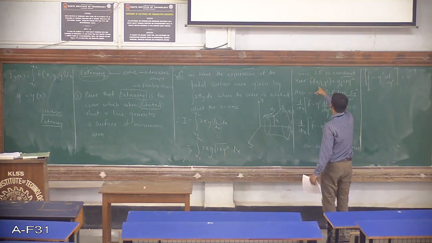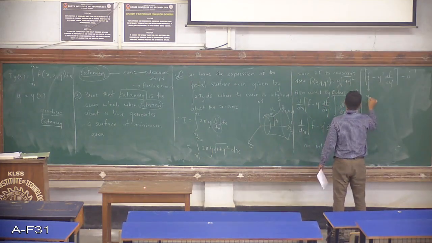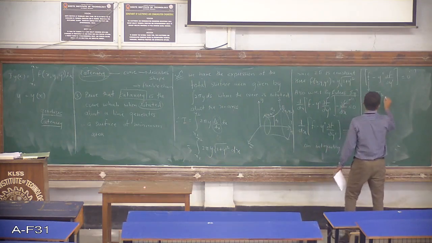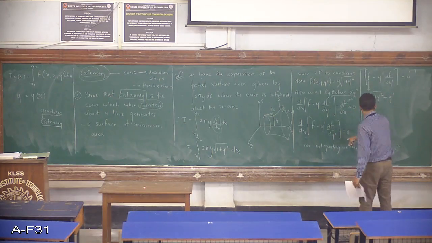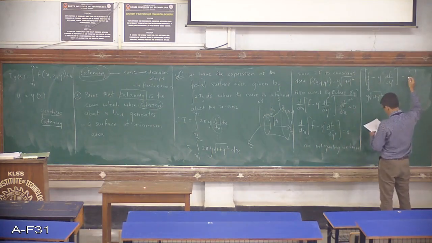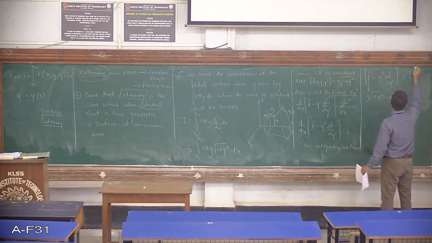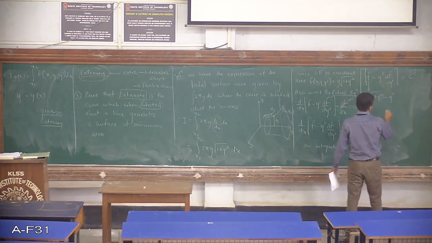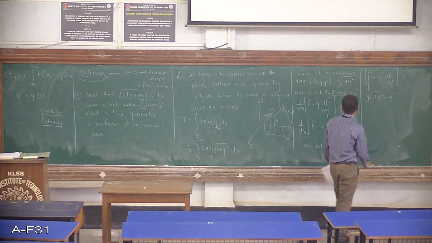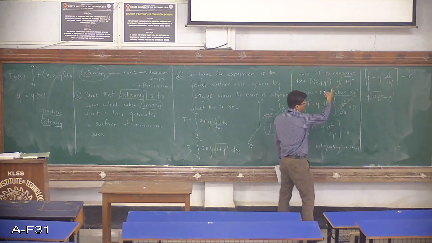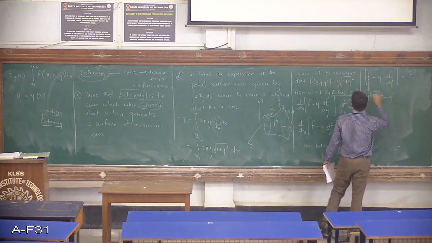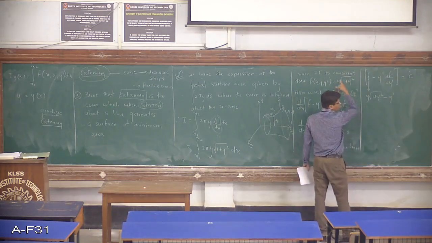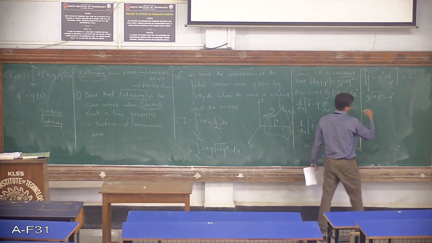that is, f is a function of x, y, y prime: it is y square root of 1 plus y1 square minus y prime. Since I have taken integration here, there is one more value, which I am taking as c. So ∂f/∂y prime: if I am evaluating it, y is constant, so I am writing y into the square root of 1 plus y1 prime square.